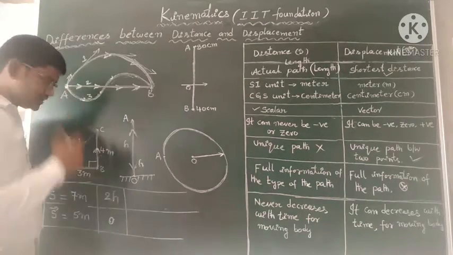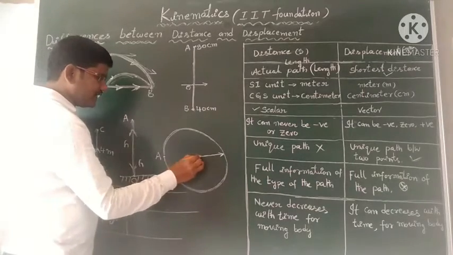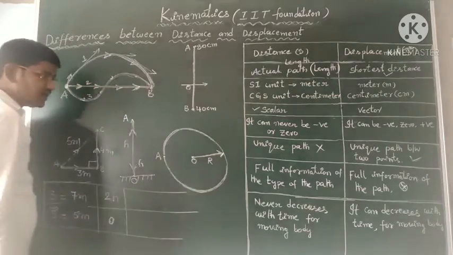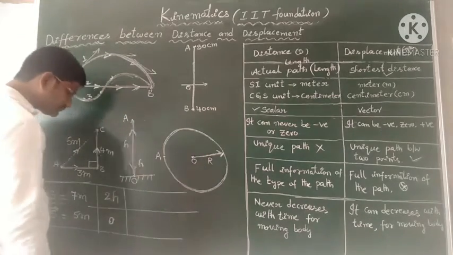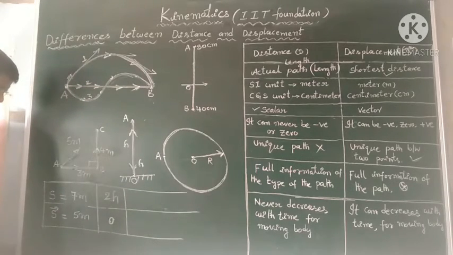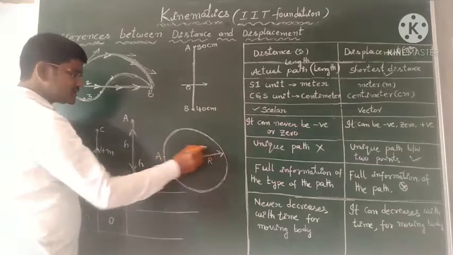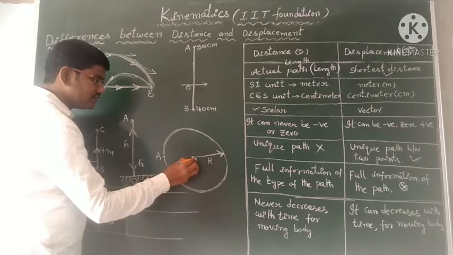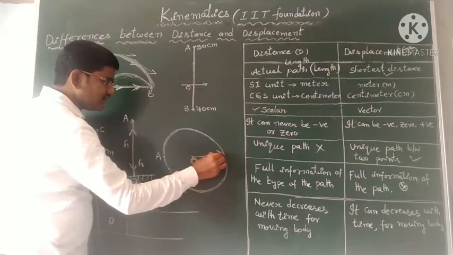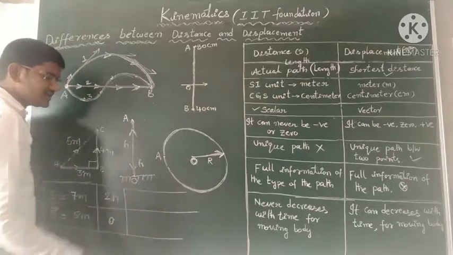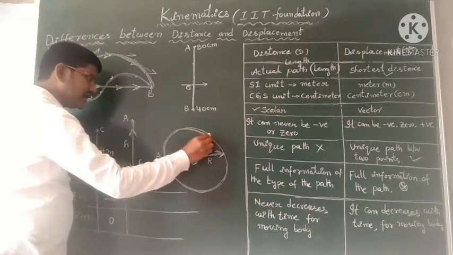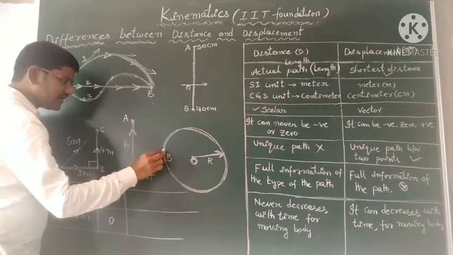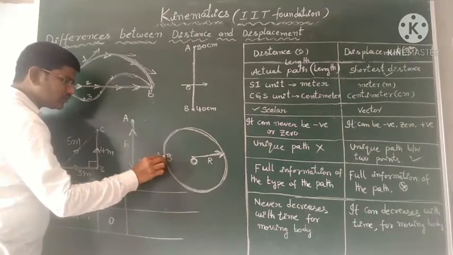Okay, students. So next one, O is a point, and this is the radius R. Consider a circle with O as the center, R as the radius. A particle started here and again comes to here only. So the initial point is A. If you consider the final point B, both coincide.